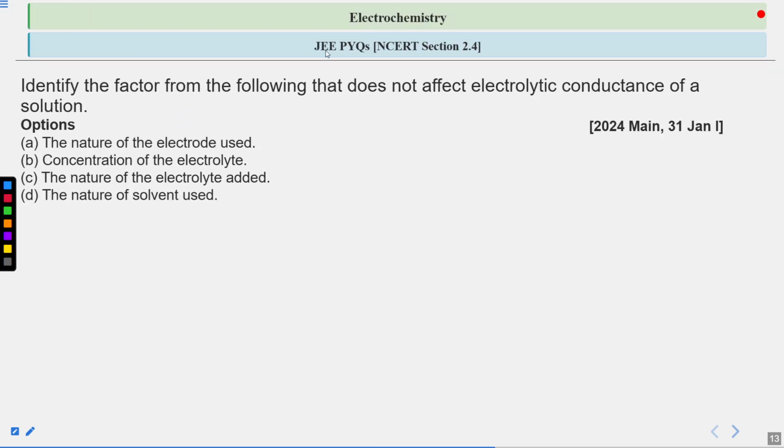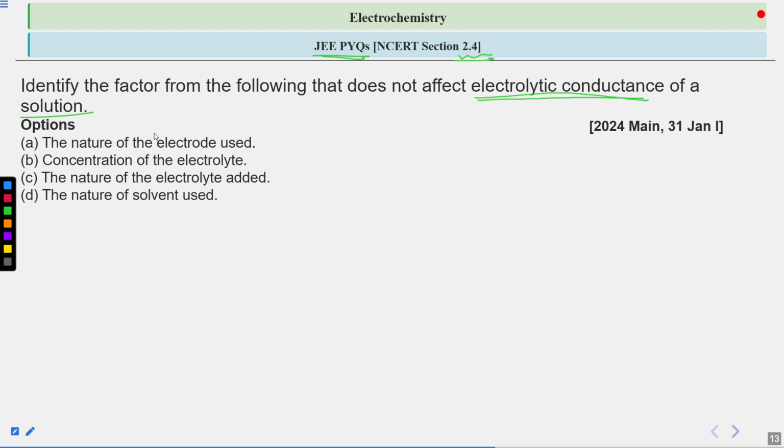So this question is again a JEE PYQ, and this is covering NCERT section 2.4 in the NCERT textbook in our electrochemistry chapter. The question is saying: identify the factor from the following that does not affect the electrolytic conductance of a solution.